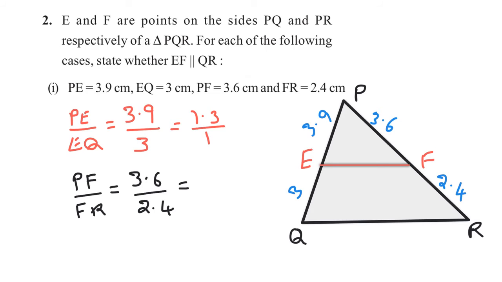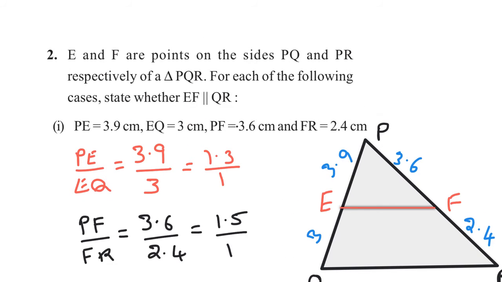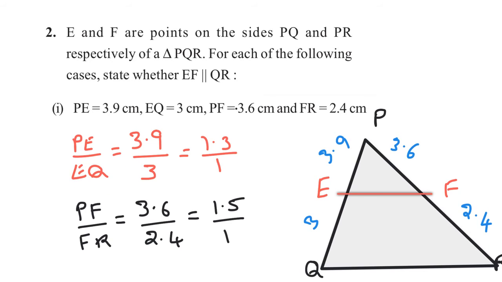Simplify that, and we get 1.5 over 1, and these two are not equal. Since PE over EQ is not equal to PF over FR, we say that EF is not parallel to QR. That is how we apply the theorem.